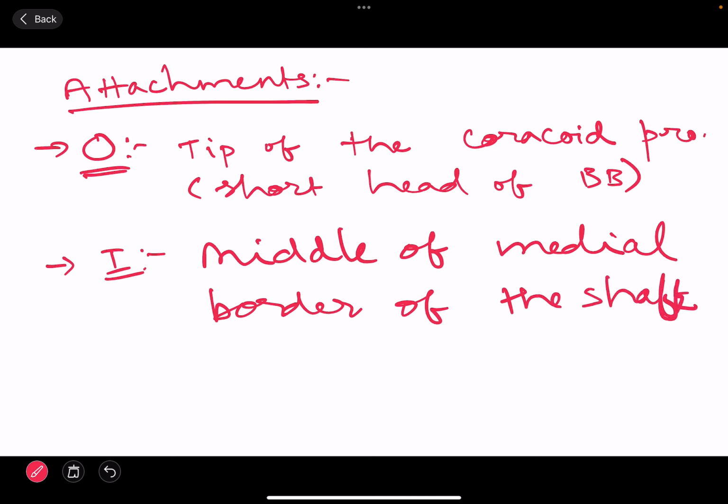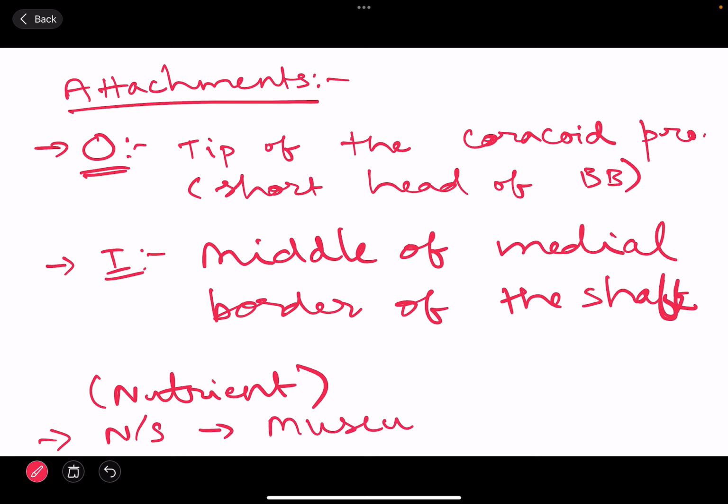So that's the insertion of the coracobrachialis muscle, and this is exactly where there is the nutrient foramen of the humerus. All right, and what about the nerve supply? The nerve supply of the coracobrachialis muscle is by the musculocutaneous nerve.